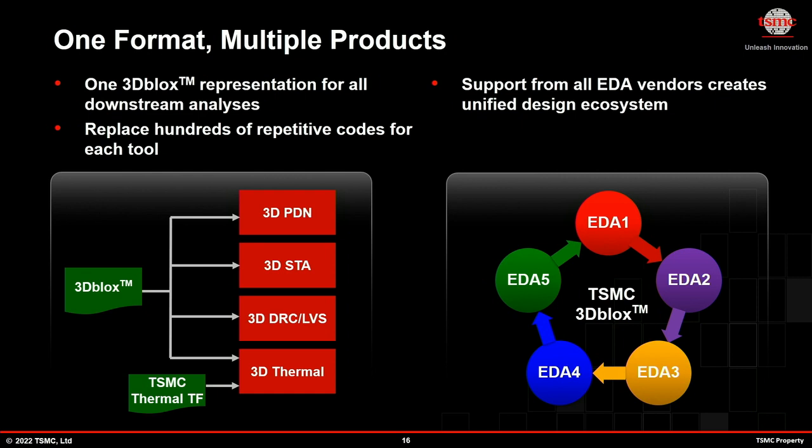You have to write hundreds, if not thousands, of lines of code. And for each vendor, if you want to switch vendors, you have to do this again and again. So with 3Dblox, you just take one line of code, importing the 3Dblox model and importing the TSMC thermal tech file. We make sure the thermal tech file works 100% with 3Dblox. And immediately you get the simulation model.